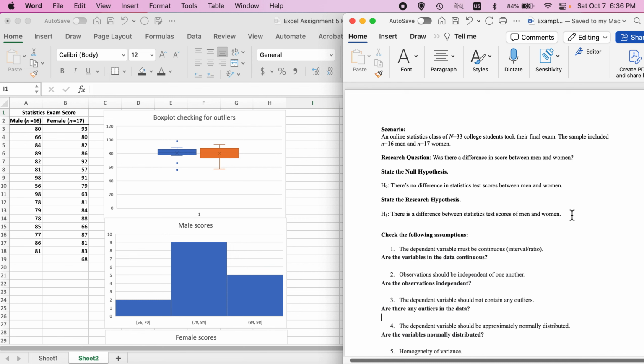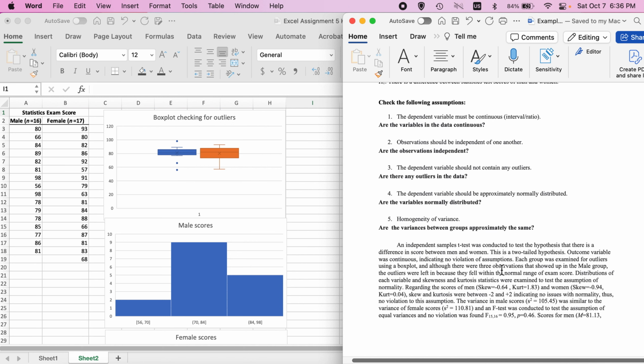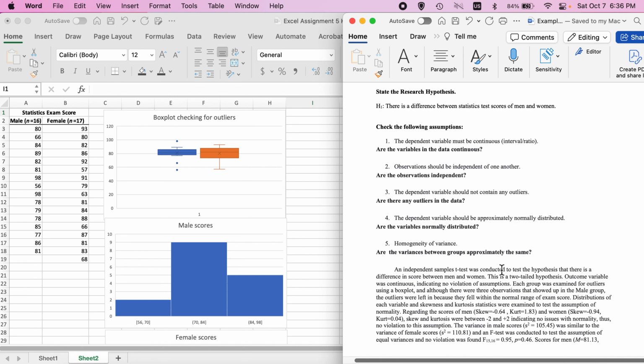We don't really know which way. We don't have a way we're leaning, so we're just going to say the difference exists and keep that two-tailed hypothesis, okay?